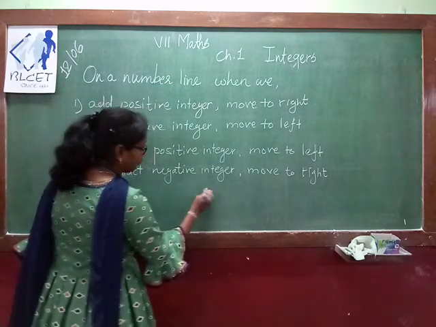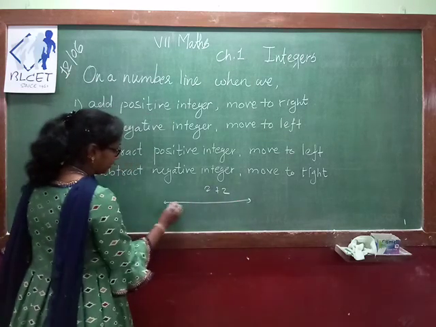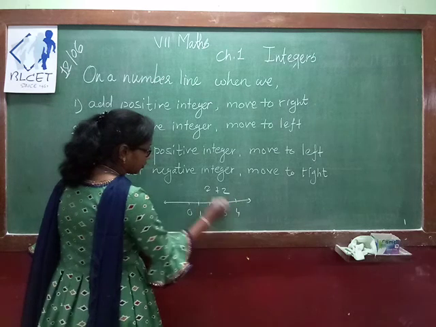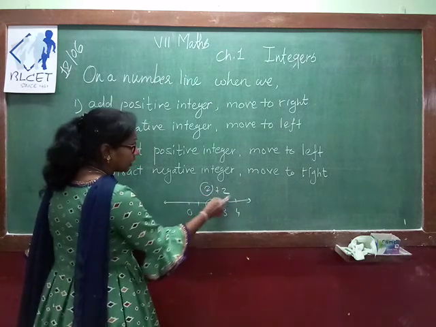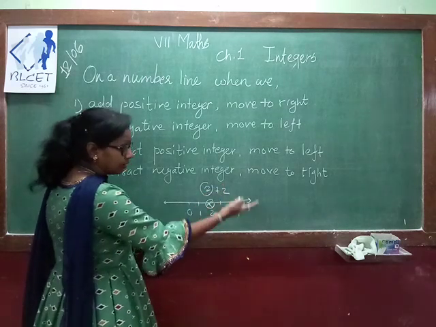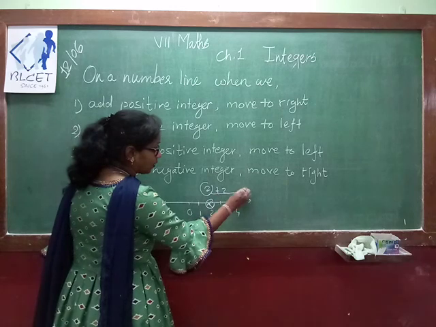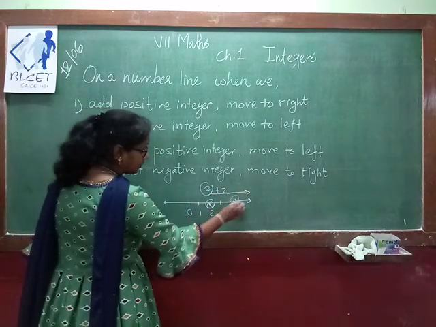For example, if you do 2 plus 2. On a number line, this is 0, 1, 2, 3, 4. So here it is 2. Now you are adding a positive thing, so when you want to add a positive thing, you have to always move in the right direction. So 2 plus 2 will give you 4.